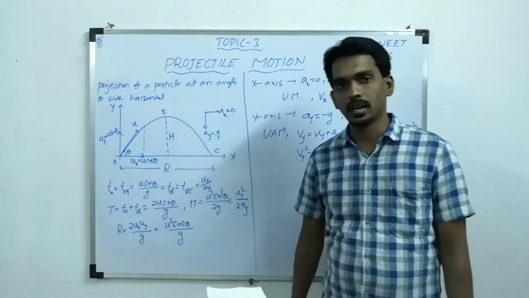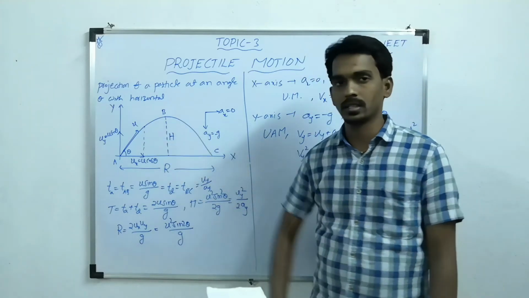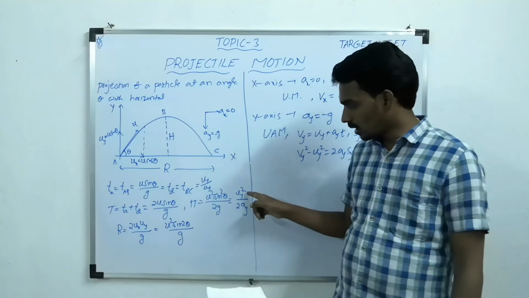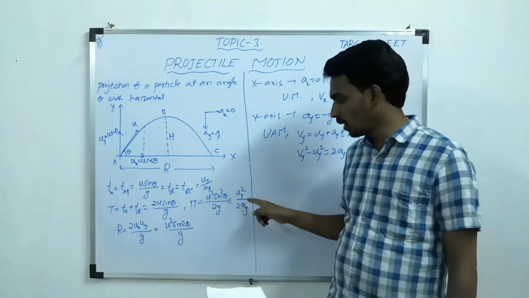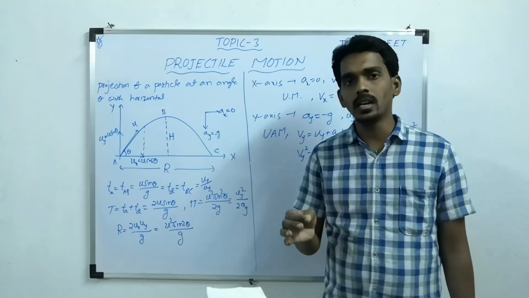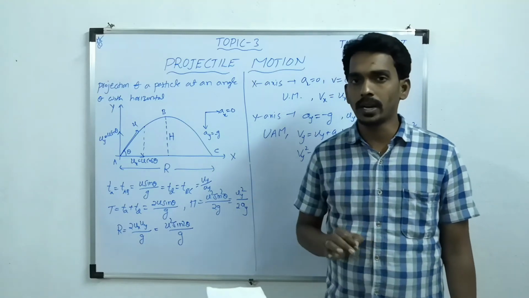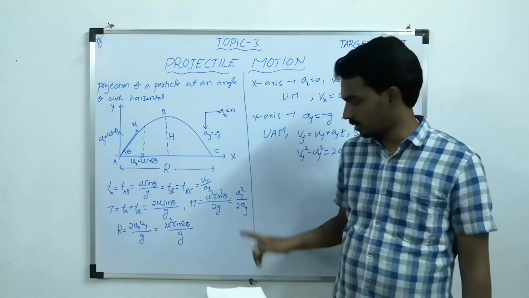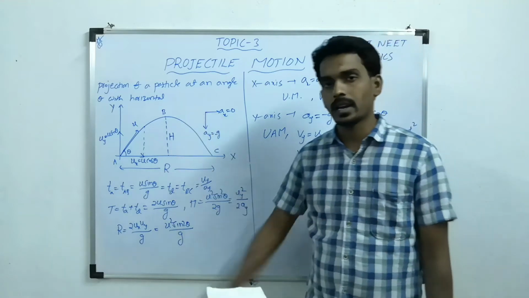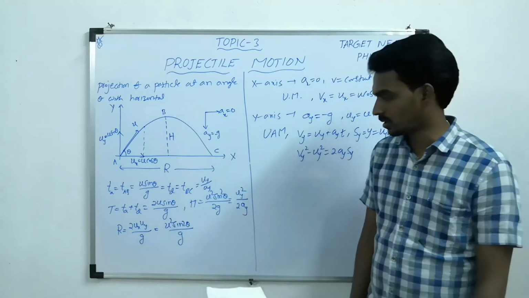Ascending plus descending. And what is the maximum height it reaches before reaching the ground? That is the generalized formula I am specifying, uy square by 2ay. So uy is the initial velocity component along vertical, and ay is the vertical acceleration along y-axis.